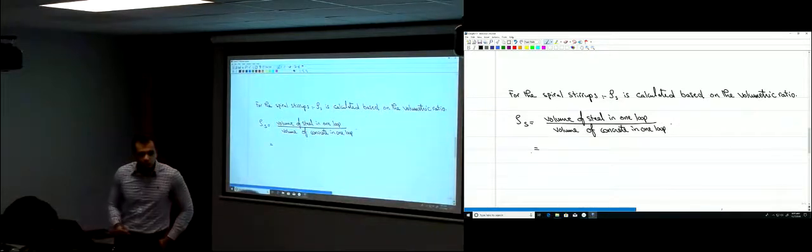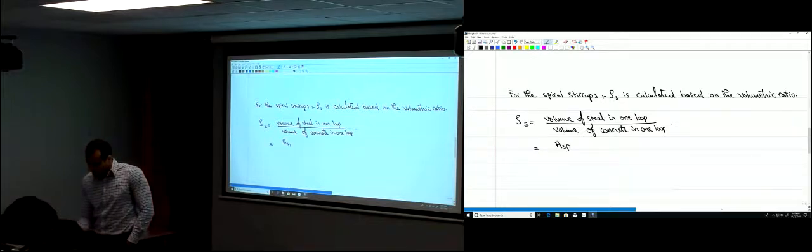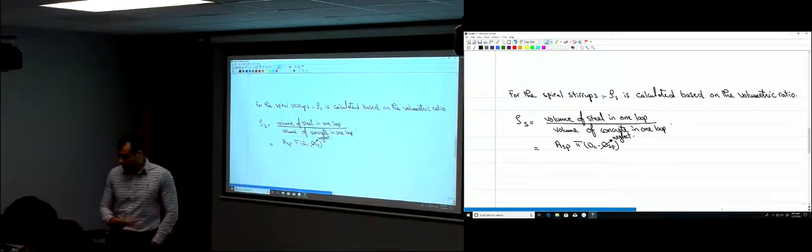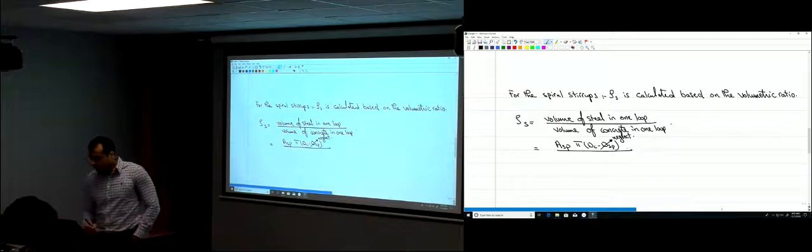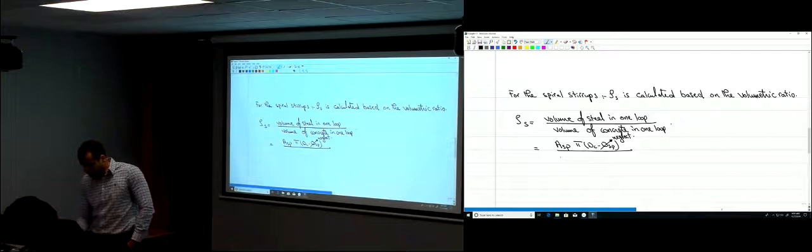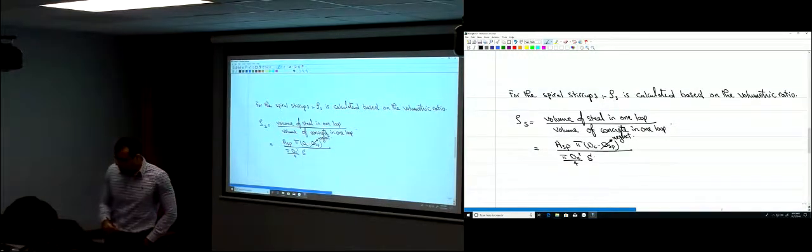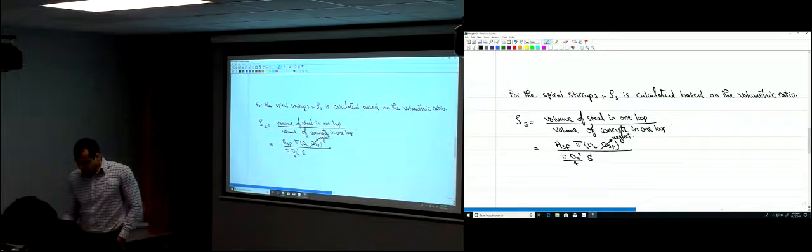The volume of steel in one loop is the area multiplied by the length, which is pi times the diameter of the core minus D of the spiral. You can neglect this part compared to the diameter of the core of the concrete. This is divided by the volume of the concrete in one loop, which is the area of the core, pi D core squared divided by 4, multiplied by S. So the pi cancels with the pi, and one D cancels with the D core.